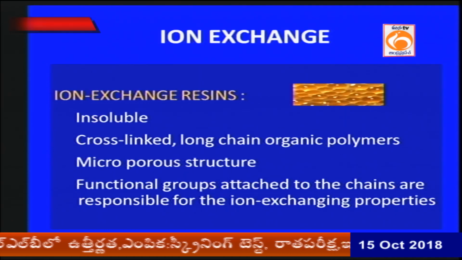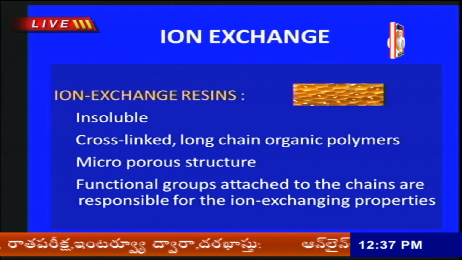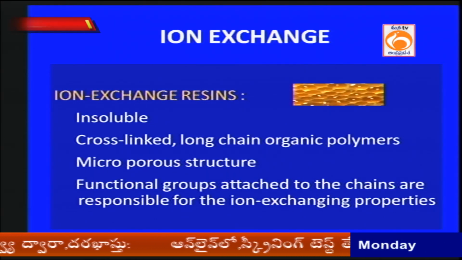Different functional groups are attached: if it is a cation exchange resin, one type of functional group is attached, and if it is an anion exchange resin, another type of group is present. Depending on the anion or cation exchanging properties, the functional groups change, and then the resins also differ.